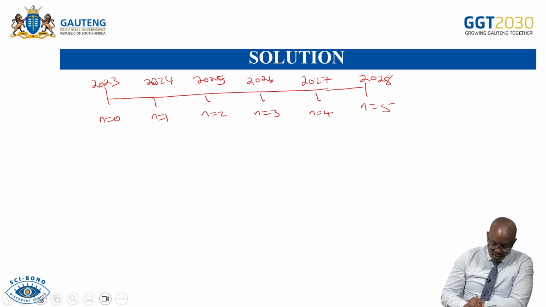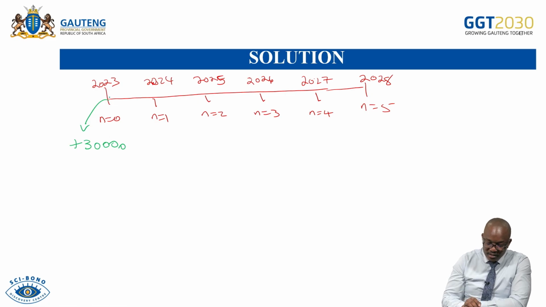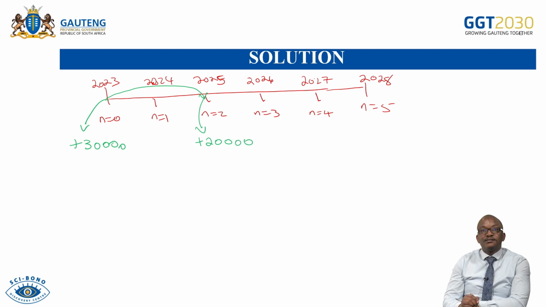Then we go back and start analyzing. The first amount that was deposited was 30,000, correct? They're saying 30,000 is invested. The second bullet says a further 20,000 is invested in February 2025. From 2023 to 2025 is 2 years. So after 2 years, we add another 20,000.